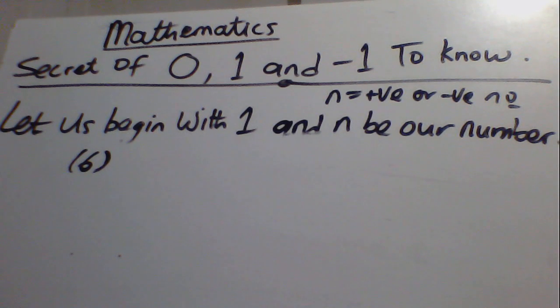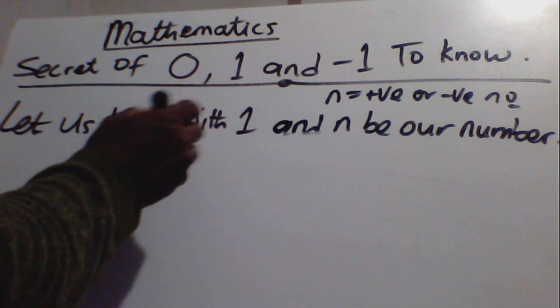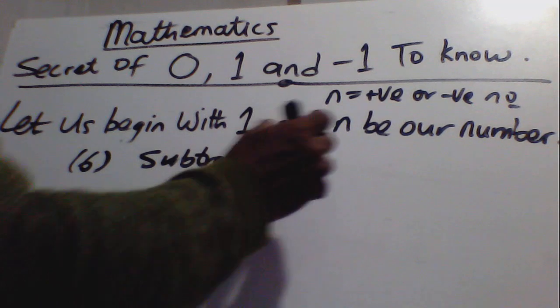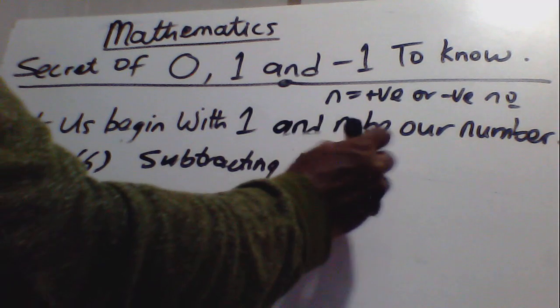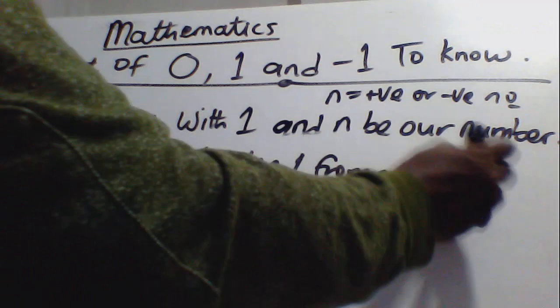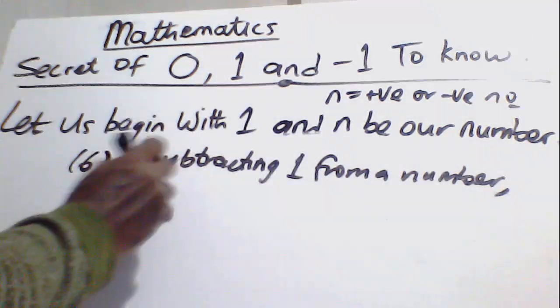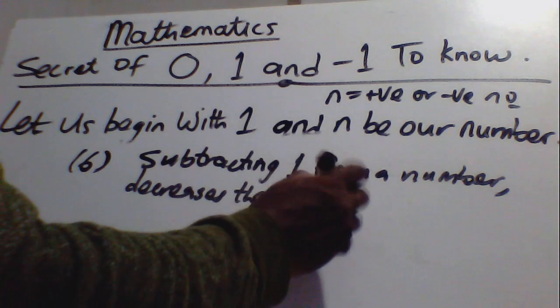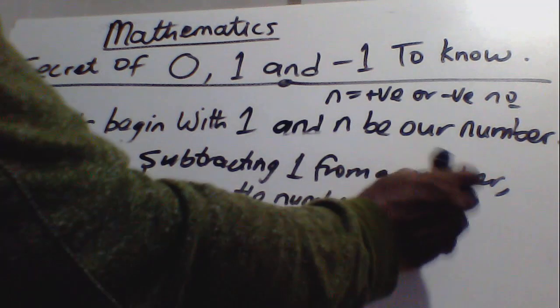Subtracting 1 from a number. So let's look at the fifth one. Subtracting 1 from a number decreases the number by 1. I've already done that. Subtracting 1 from a number decreases the number by 1.